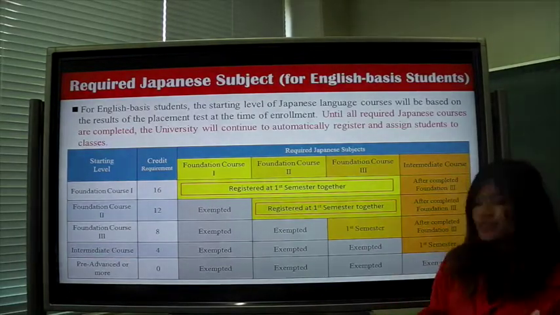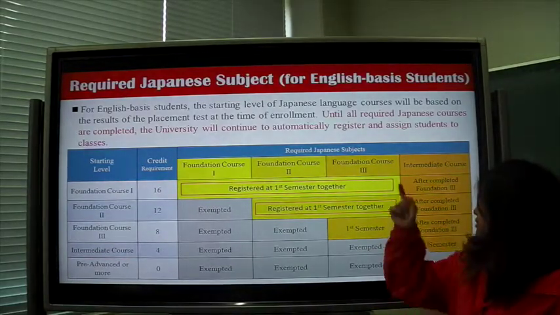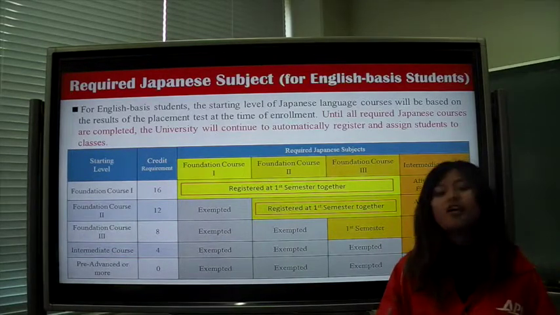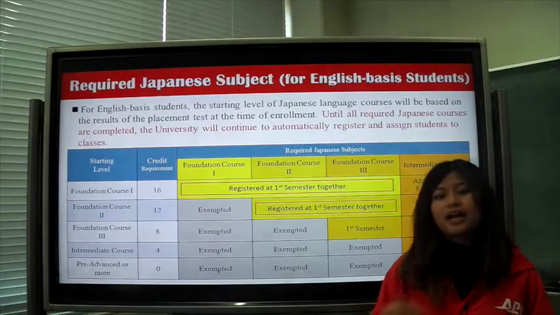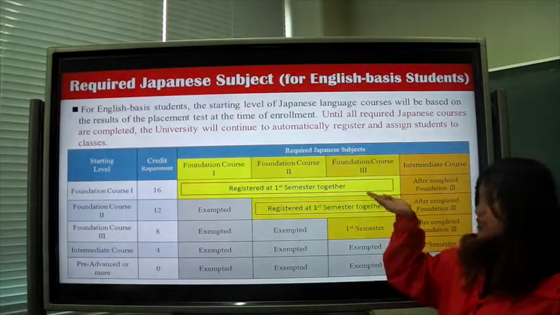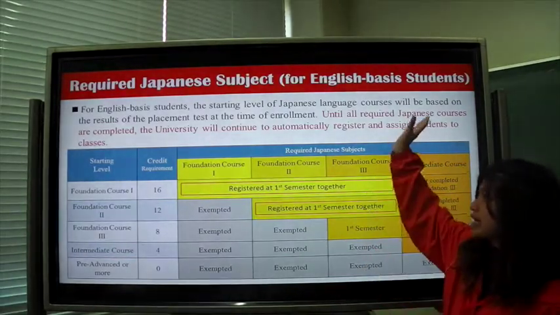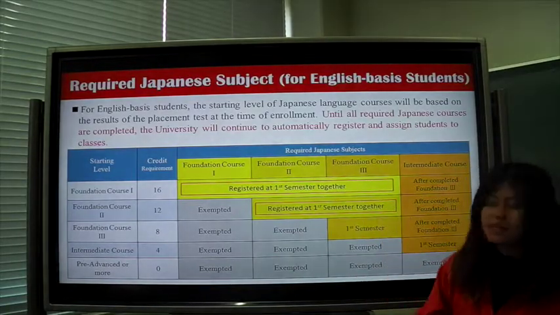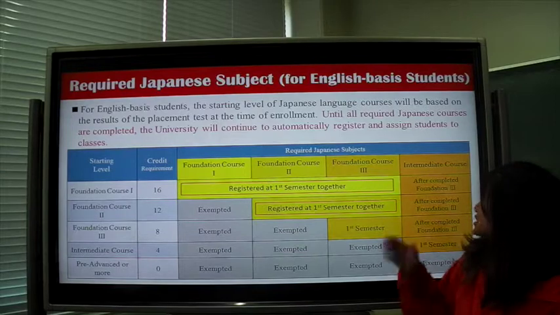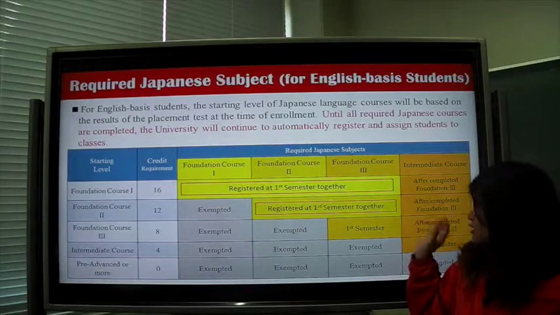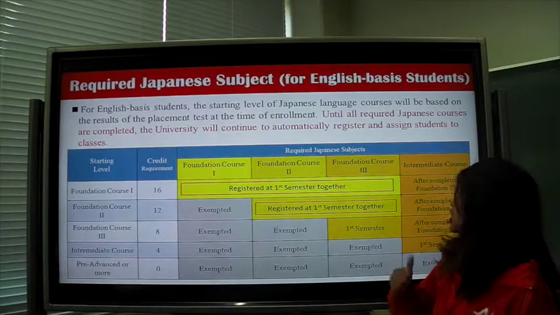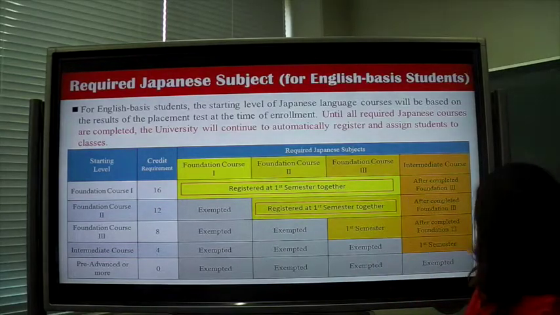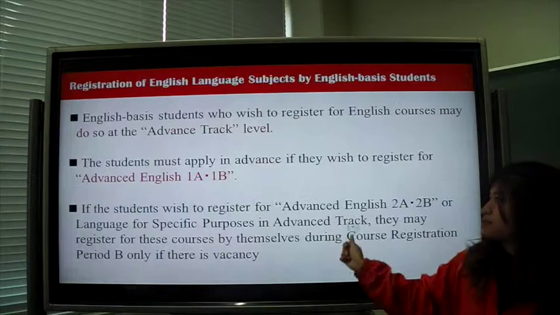For example, if you fail your Japanese foundation course 3 in this present semester, in the next semester you will have Japanese foundation course 3 again, because the university wants you to finish it, so it will automatically register and assign it to you. Therefore, the solution is that you have to finish your Japanese foundation courses up to the intermediate course.